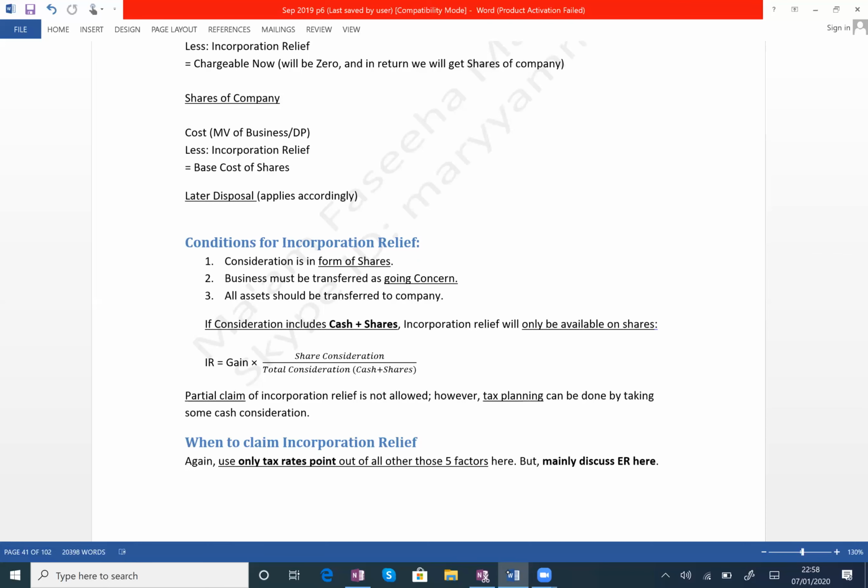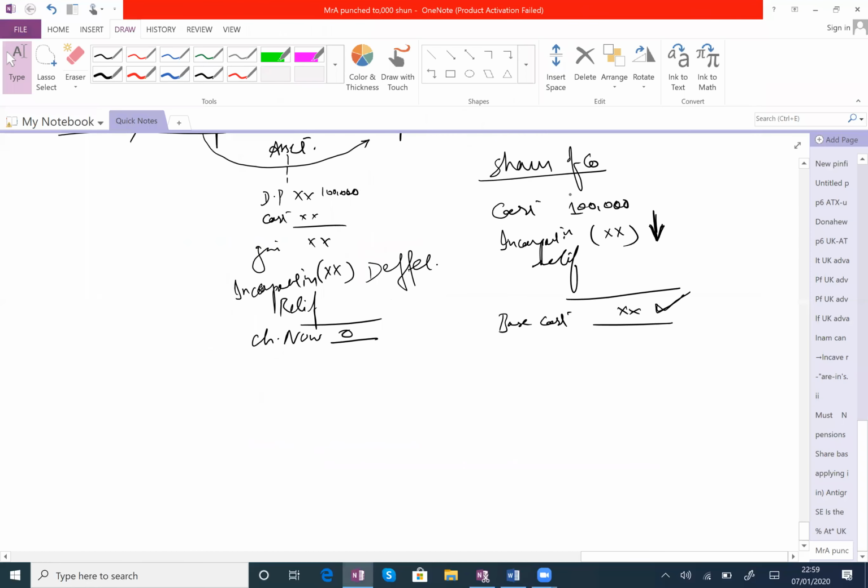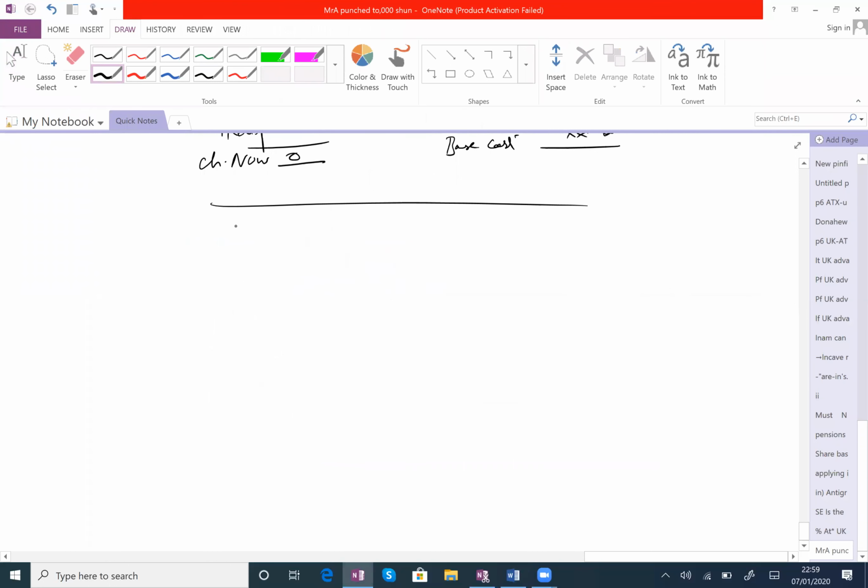When you transfer the sole trader business into a company, you will get the incorporation relief. Firstly, tell me the direct gain on the business, disposal proceeds minus cost. Gain is already given in the question on all the assets. What is the total gain of the business assets? 50,000.